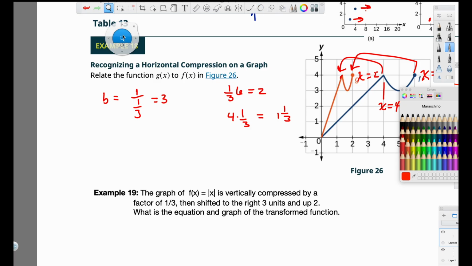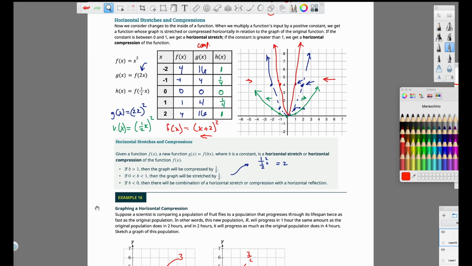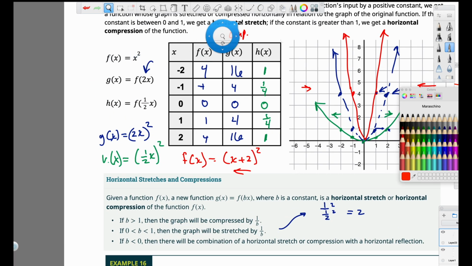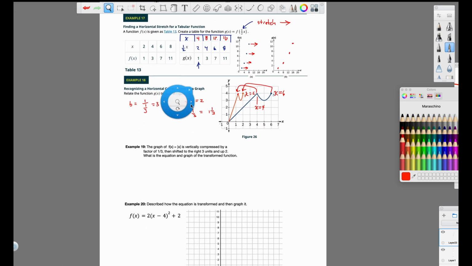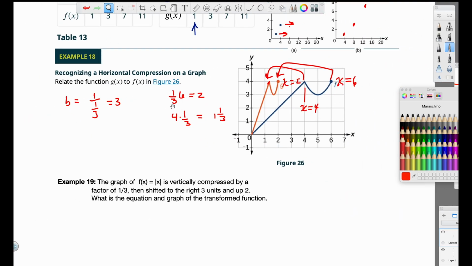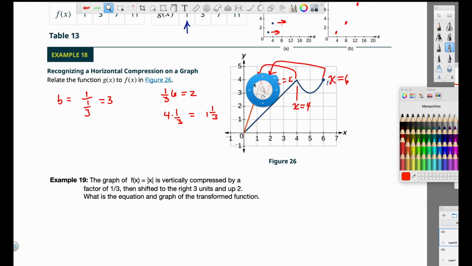Let's just check that right up here. When our b value was greater than 1, like this red graph, you see how it compressed it horizontally? And that's the situation that's happening right here. This graph, going from the blue to this brown, is being compressed.